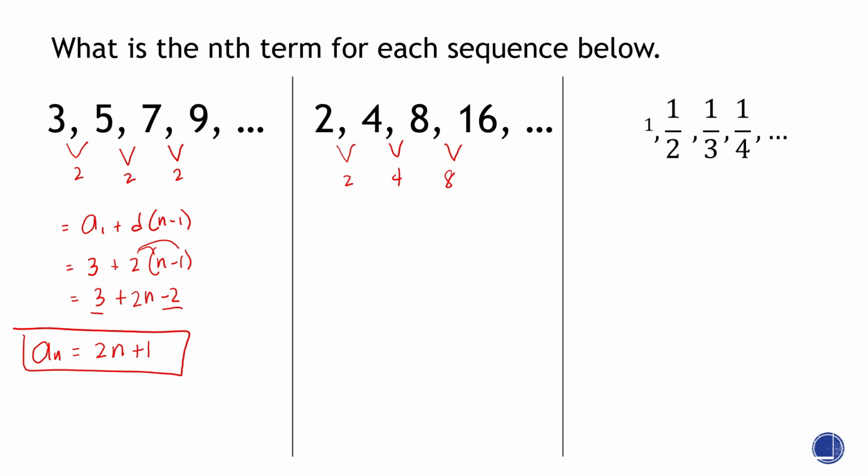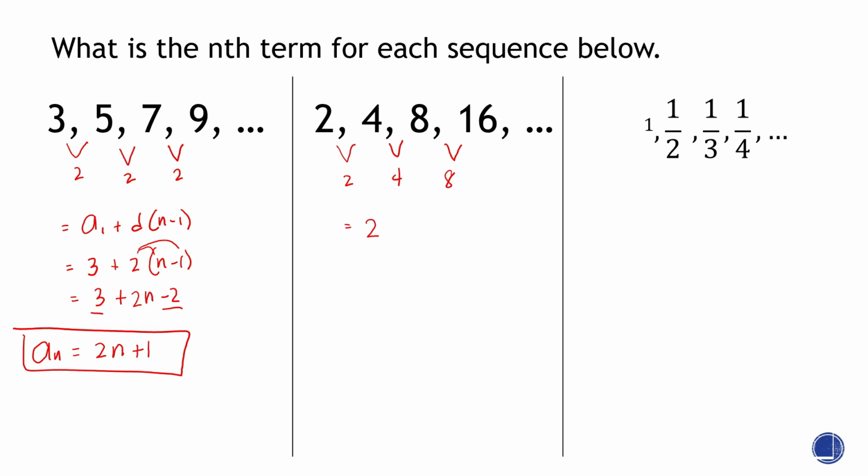To find the next number in the sequence, what we simply do is multiply the number by 2, or double the number to get the next number. So 2 times 2 is 4, times 2 is 8, times 2 is 16, times 2 is 32, and so on. So we're talking about a sequence that has a base of 2 raised to n.